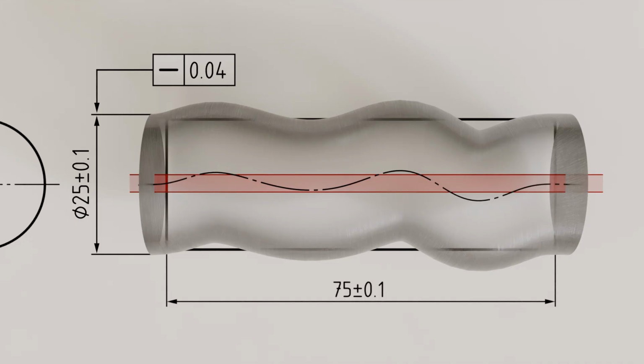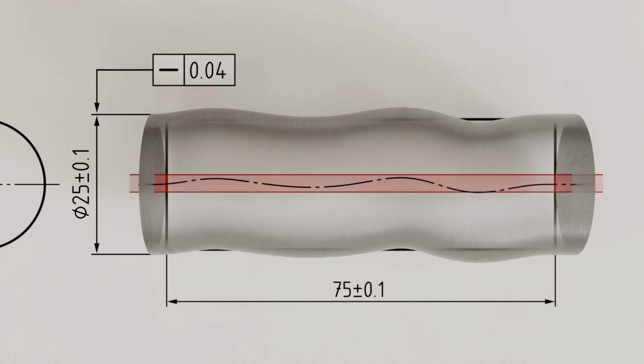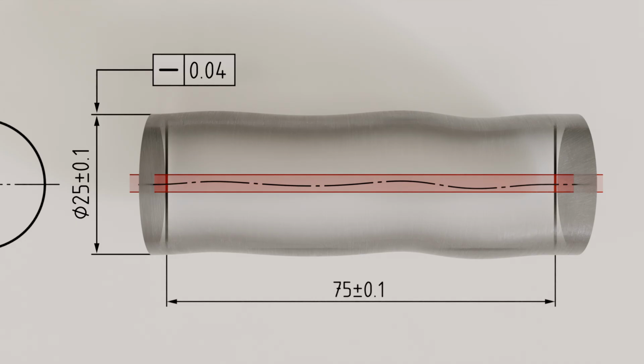This means that the straightness tolerance now refers to the geometric feature derived from the diameter, in our case the centerline. We will discuss the terms actual and derived geometric feature in more detail later. According to the definition of straightness, the shaft axis must now lie between two parallel lines spaced 0.04 mm apart.